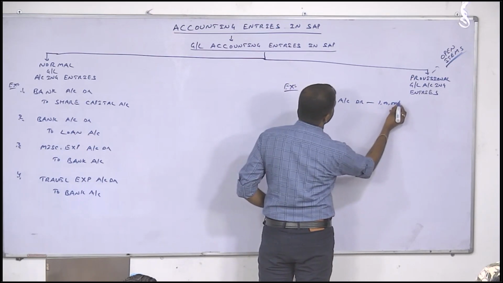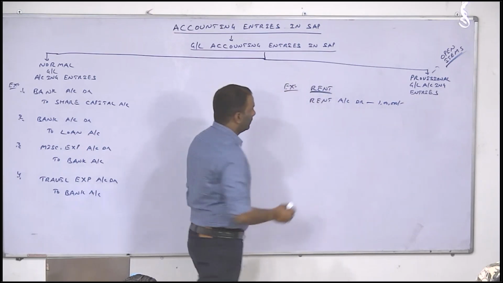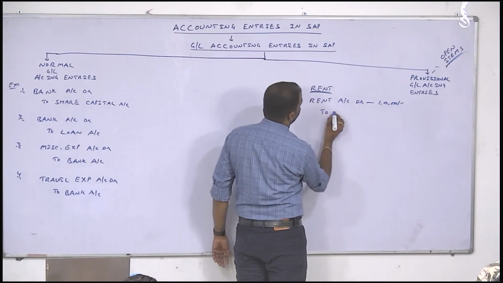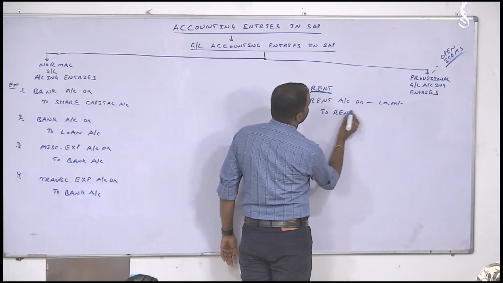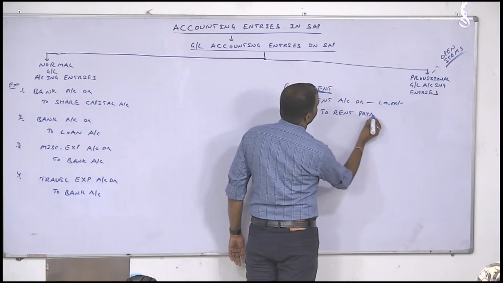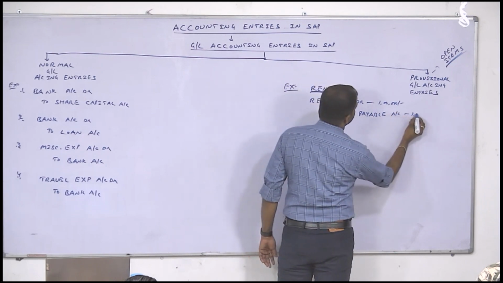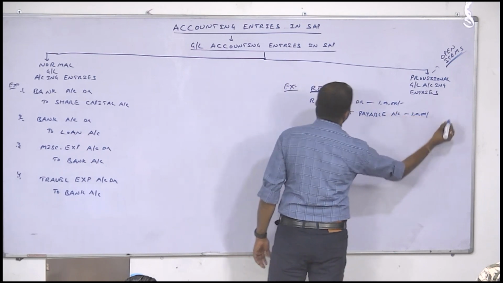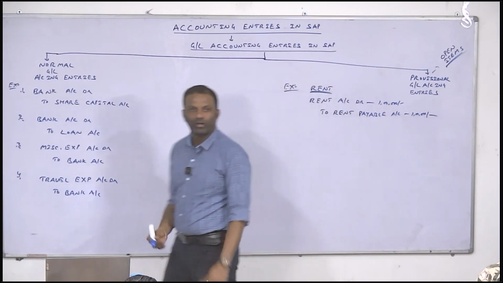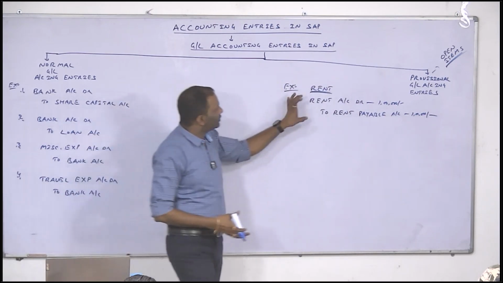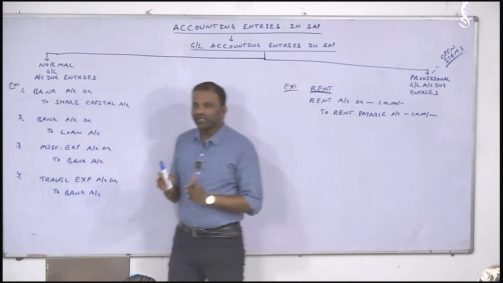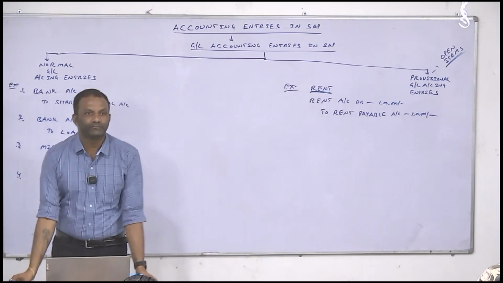Your rent is how much you need to pay? 1 lakh. How will you make the entry? Rent account debit to rent payable account, 1 lakh. So now, by posting this entry, has the user action been completed or not?